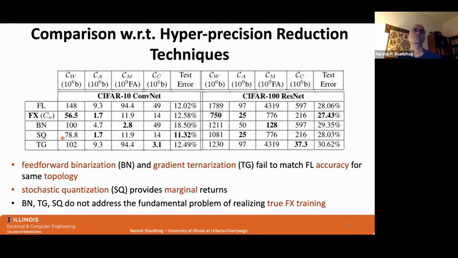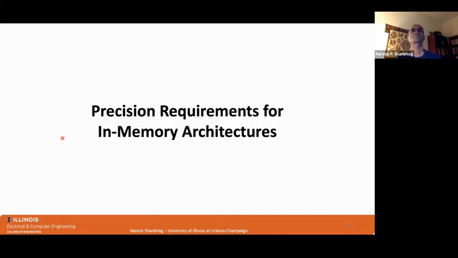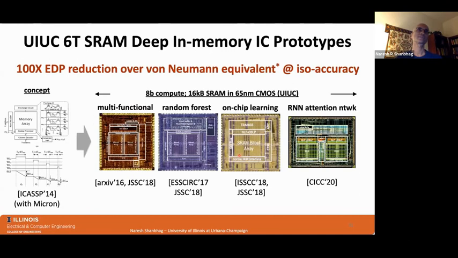The last one will be a short one, so I just want to see if any thoughts here. If not, then the last part is the big question in front of some of us here, which is what are the precision requirements of in-memory architectures?